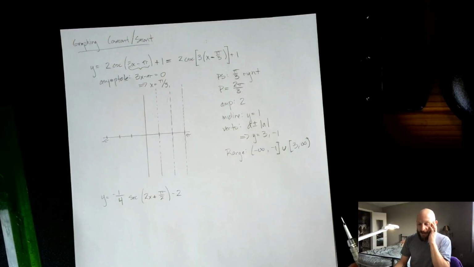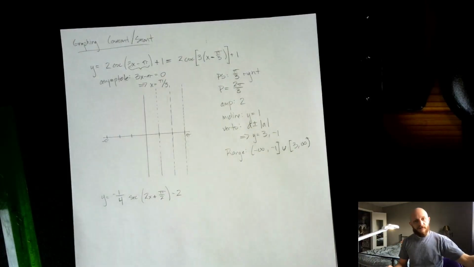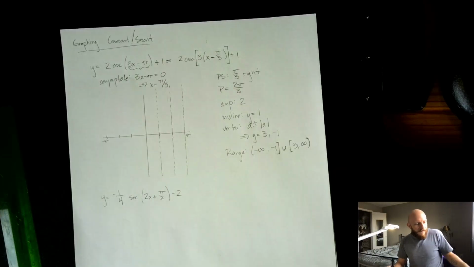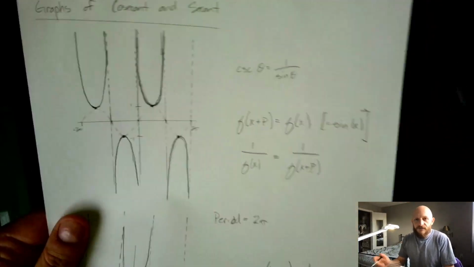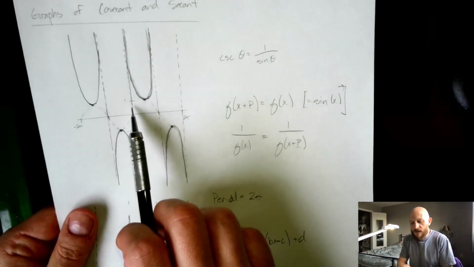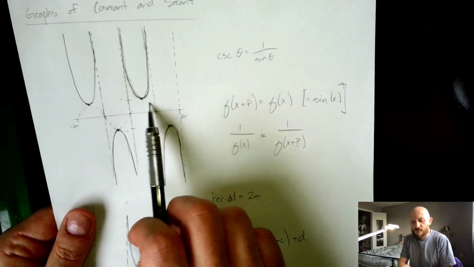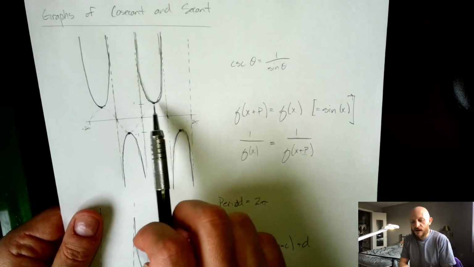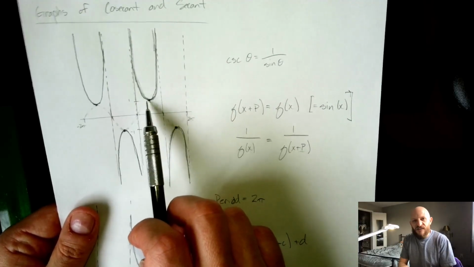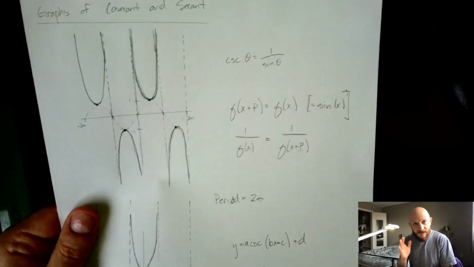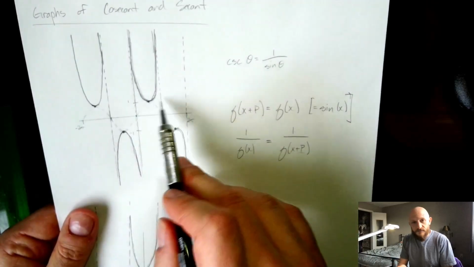And the way that I solve this personally, once again looking at these graphs: if you look in one half period, just one segment of these u's, the vertex of that u is at exactly the midpoint between the two asymptotes.